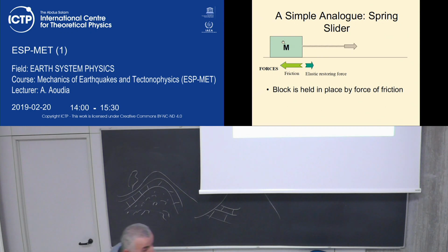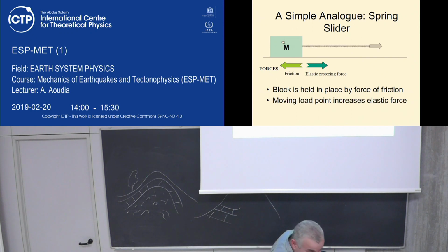And I will start now charging the spring. Then I reach a level by which my elastic restoring forces will become almost similar to the friction. Then moving the load point increases the elastic restoring forces.